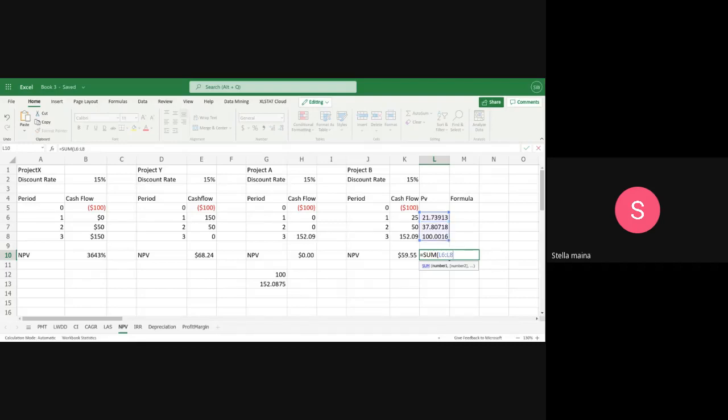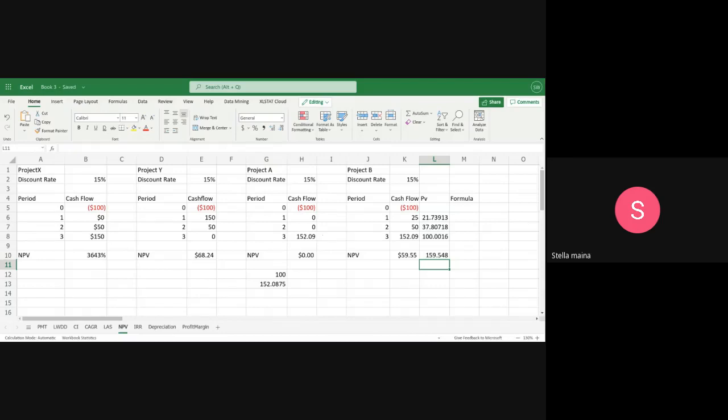So if you do that, you can see that you get 159.548. So your investment over time has grown to 159 with a net present value of 59.55. So project B is a good investment as well.